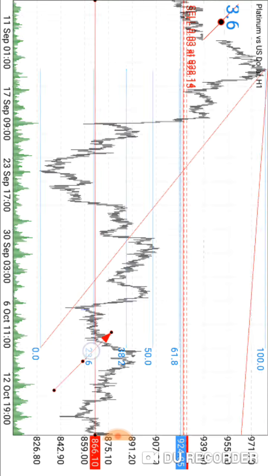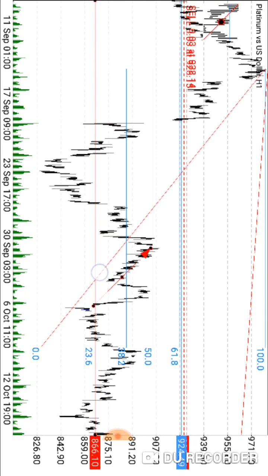When it got to the previous support level, the market starts moving up again. So you take the advantage of this selling, and you take the advantage of this buying again.